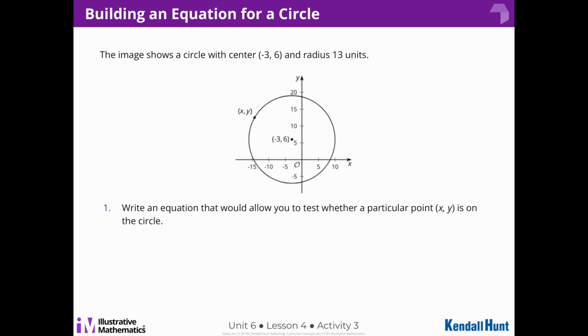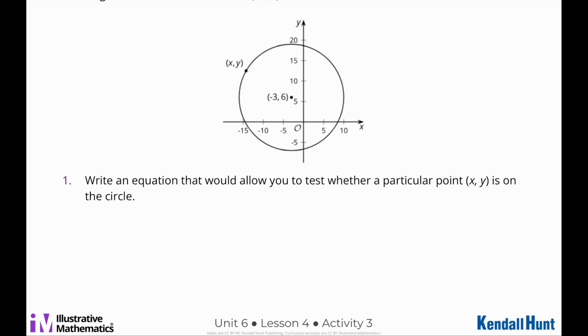So we can do that using the same numbers and the same strategy. We're going to take our difference in x, our difference in y, and have our radius be our ideal hypotenuse of the right triangle we would be creating between these points. So let's write that equation together and then see how it turns out.